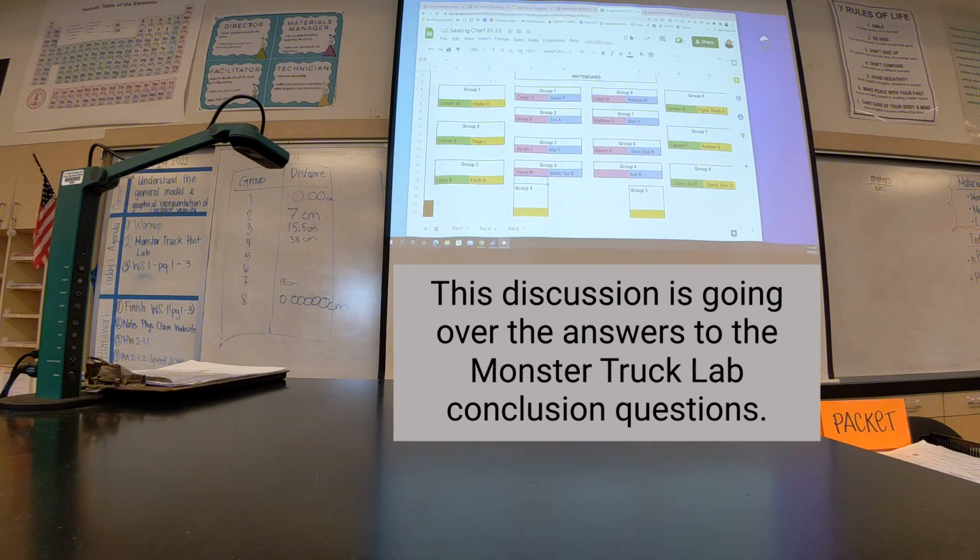The general model is y equals mx plus b. The general model for a linear graph is y equals mx plus b. How can we make this the general model for our graph that we created in this particular lab?